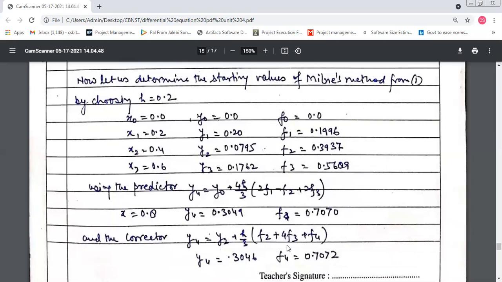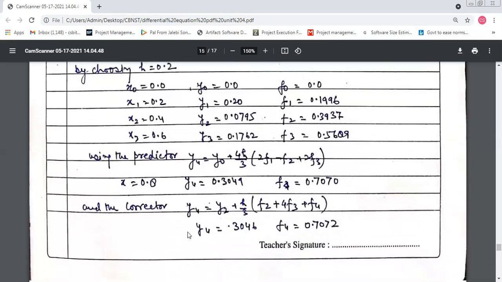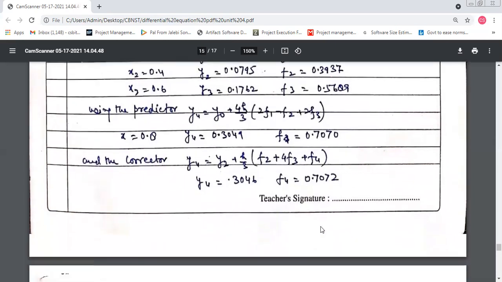Once you calculate the values of f1, f2, f3, now you apply the corrector formula. The corrector formula is y4 is equal to y2 plus h by 3, f2 plus 4 f3 plus f4 by Simpson's rule. So you will be getting y4 equal to 0.3046. And at this particular point, f4 is equal to 0.7072.